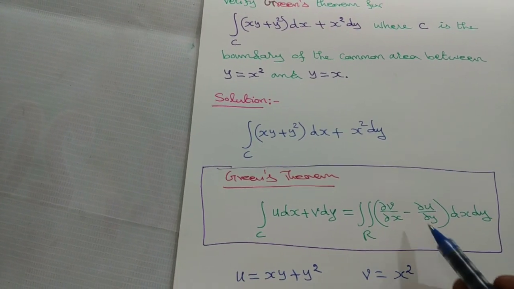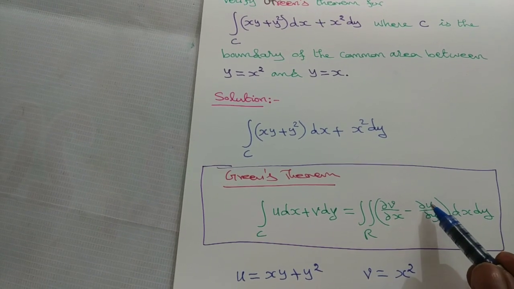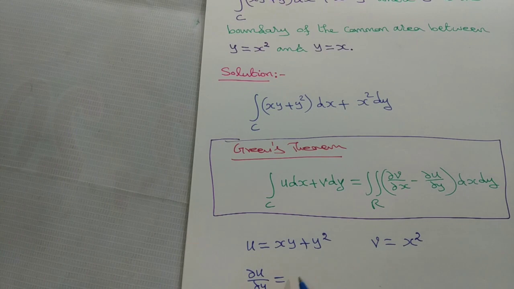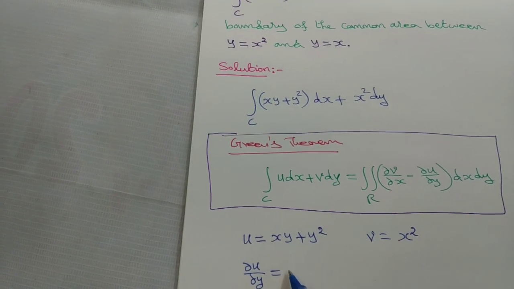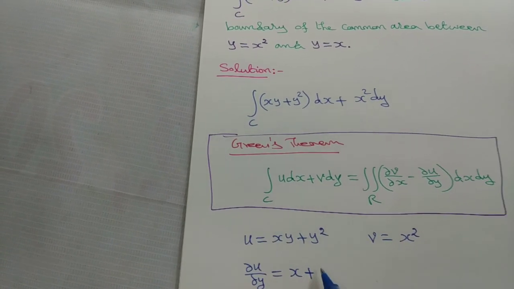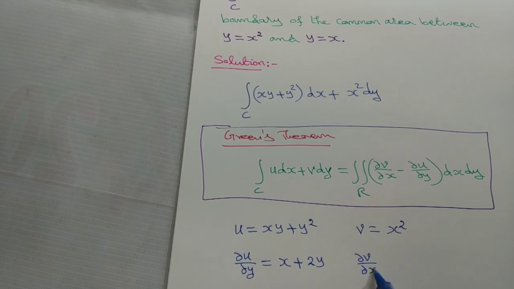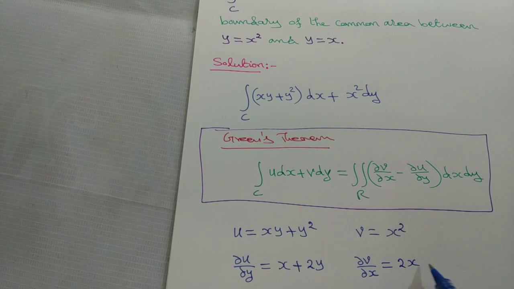For the RHS, we want ∂v/∂x and ∂u/∂y. So ∂u/∂y is equal to, differentiating y gives 1, so x, plus y² differentiated gives 2y, and ∂v/∂x is equal to 2x.